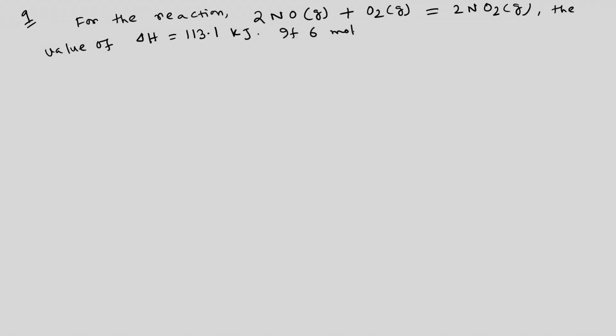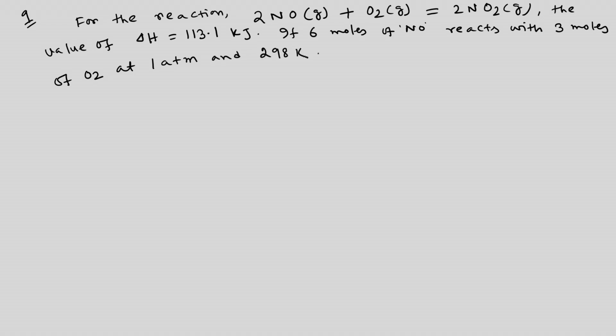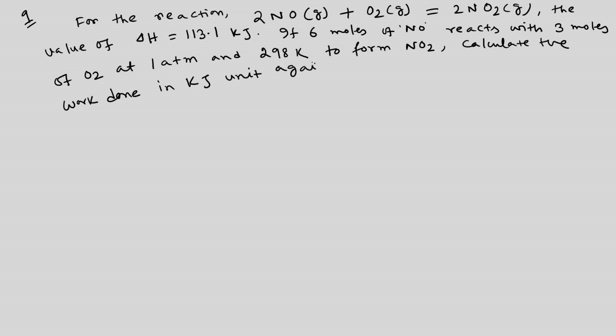If 6 moles of NO reacts with 3 moles of O2 at 1 atmospheric pressure and 298 Kelvin temperature to form NO2, calculate the work done in kilojoule unit against a pressure of 1 atmosphere.